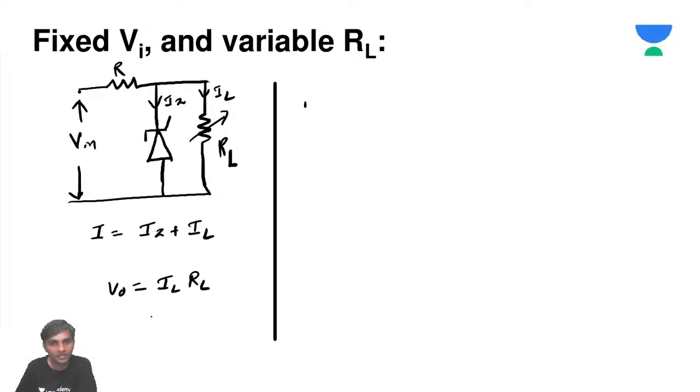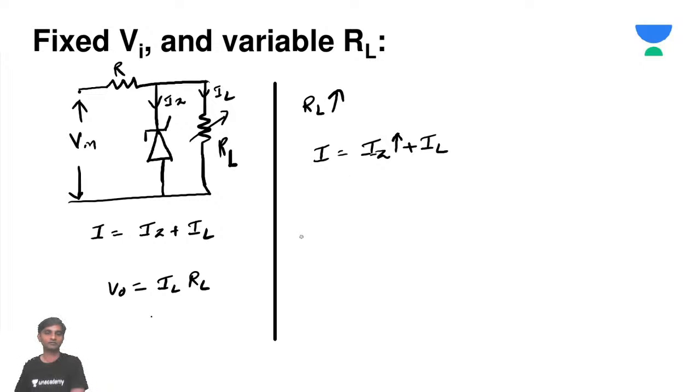Let's say I am increasing the RL value. When RL value is increased, what happens to the IL value? Because the voltage across this must be constant, this IL will be decreasing. So when RL is increasing, for I equal to Iz plus IL, this Iz will be increasing.